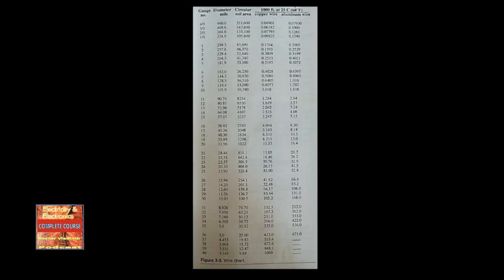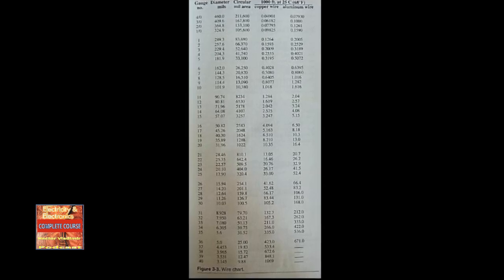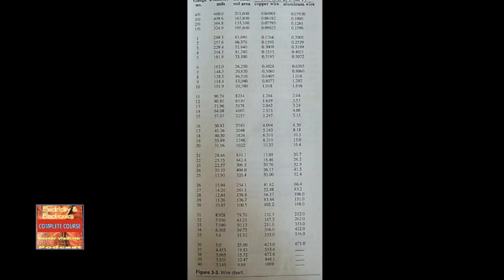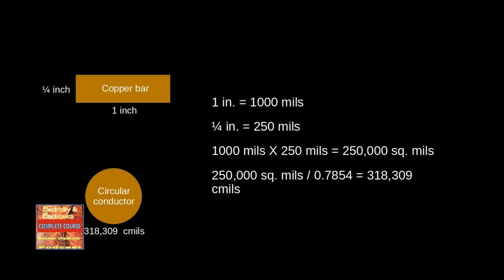As demand increased, the circular mills area was added as well. The circular mill system is based on the diameter of the conductor being measured in mils, 1/1000th of an inch. Any wire larger than 4 oct is 250 kcm, or kilo circular mills. Remember, 1 kilo is 1,000, so 2,000 kcm is 2,000 kilo circular mills.